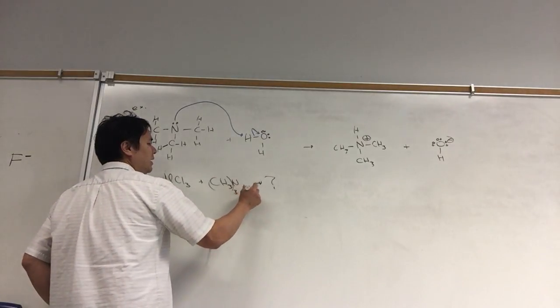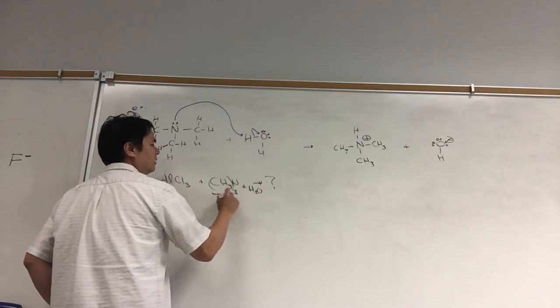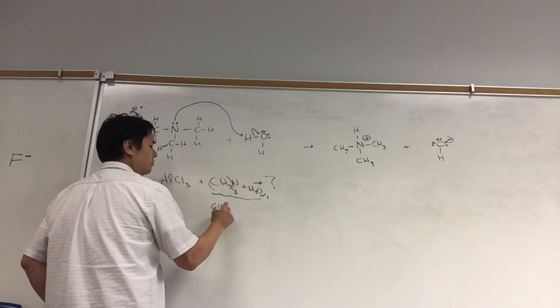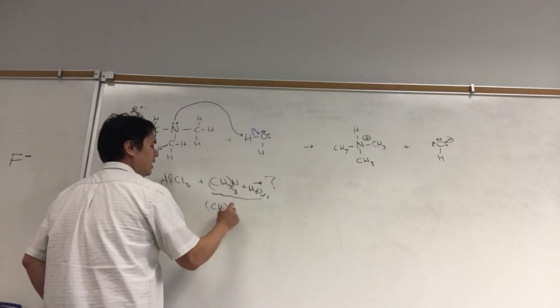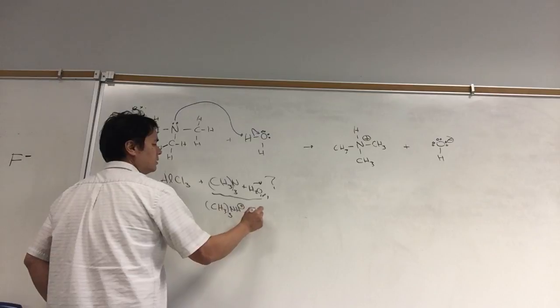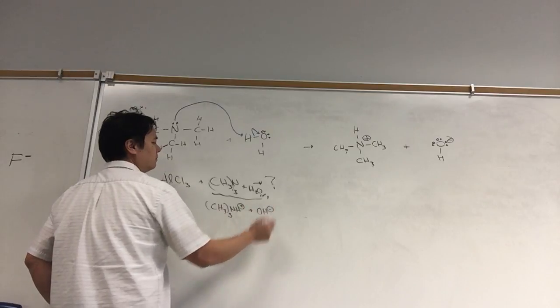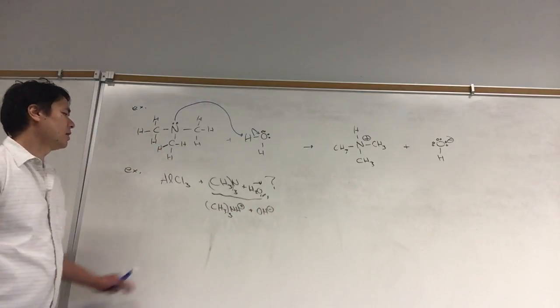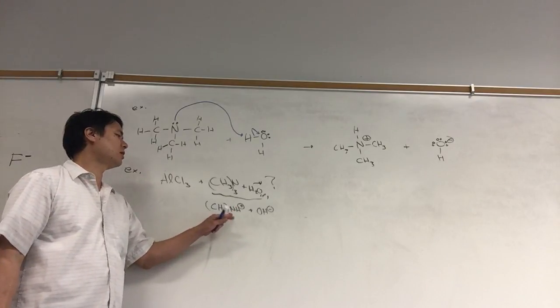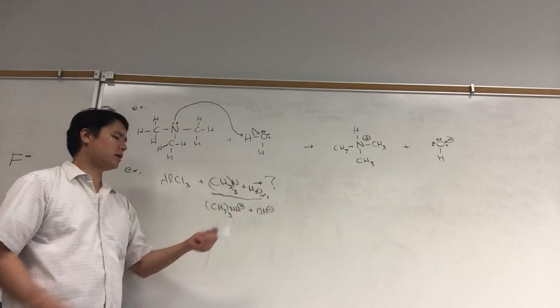What we do is we add an H2O liquid. After we add the H2O liquid, then it's going to form (CH3)3NH+ and OH minus. So we treat it as trimethyl ammonium hydroxide.